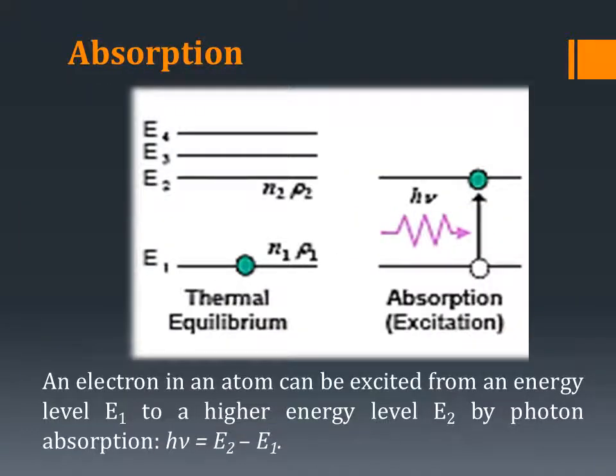Absorption is the process where an electron in an atom can be excited from an energy level E1 to a higher energy level E2 by absorption of a photon of energy h nu equal to E2 minus E1.